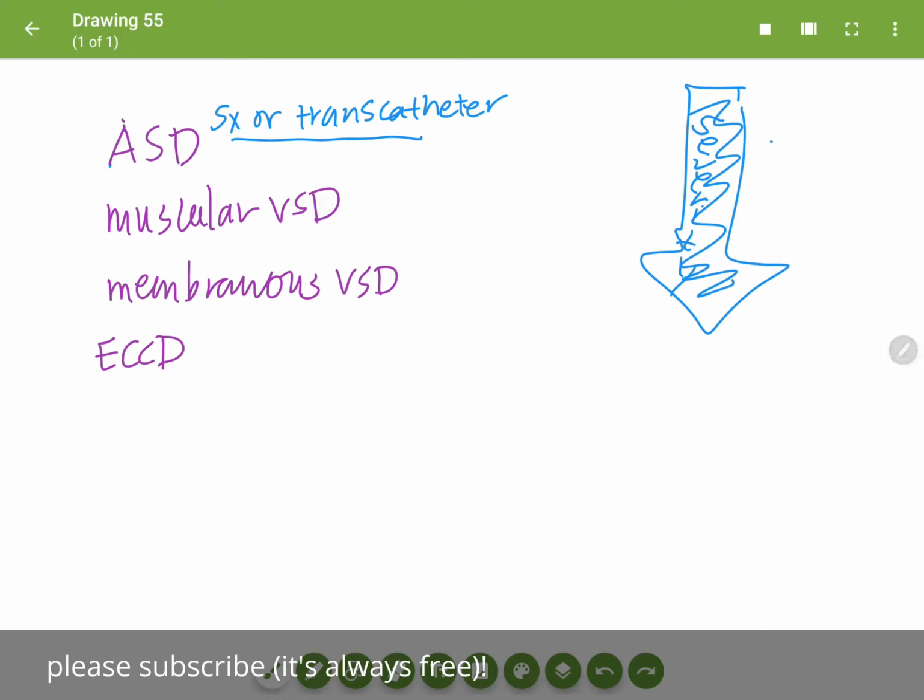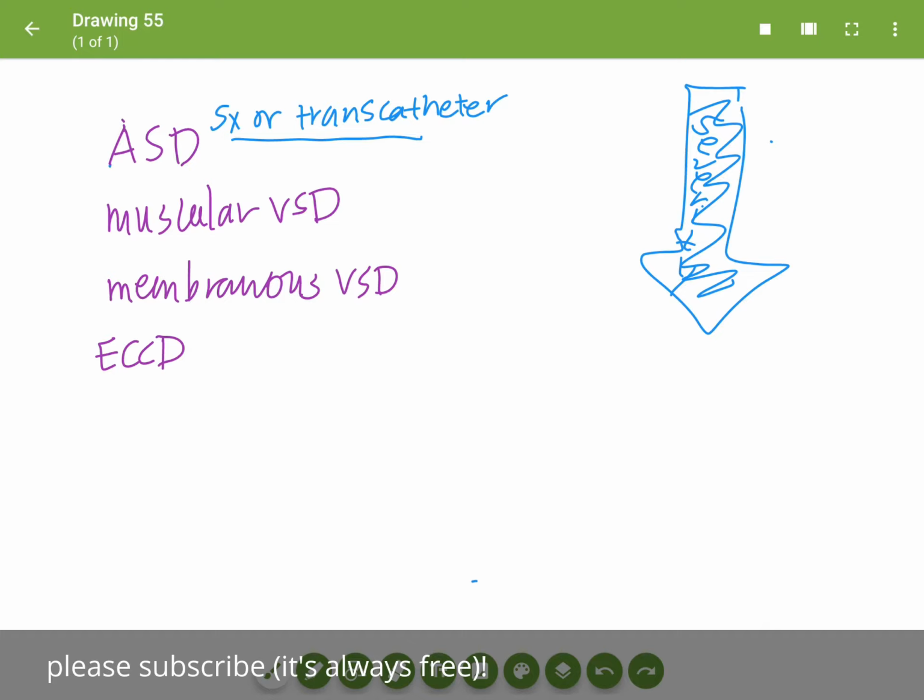As far as a membranous VSD, you have to look at a couple of things. The pulmonary artery hypertension and the size of the defect.